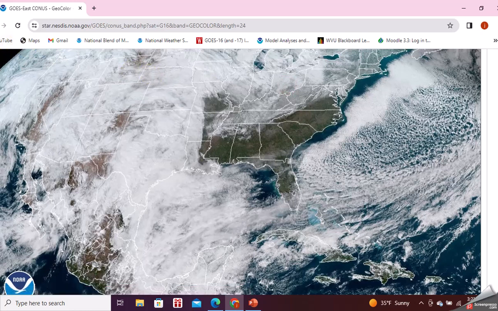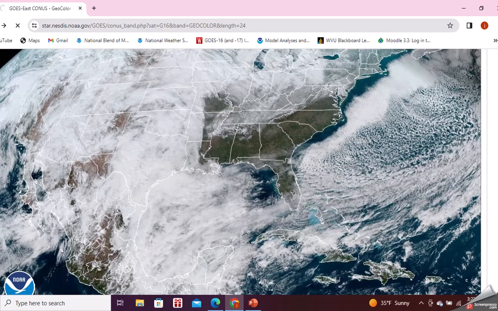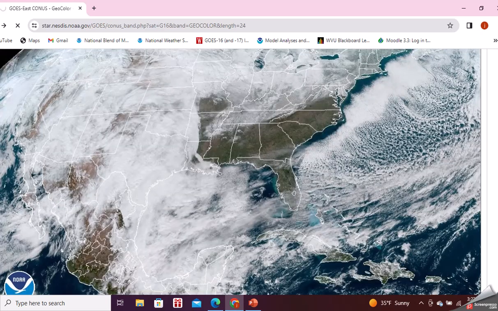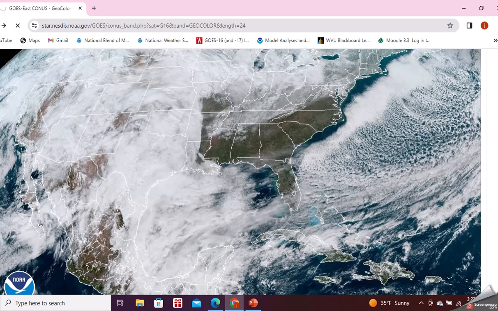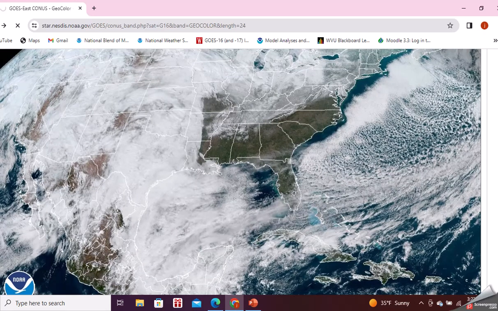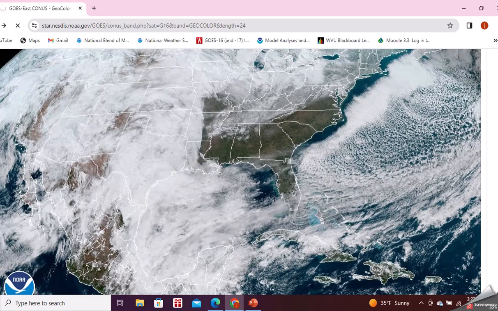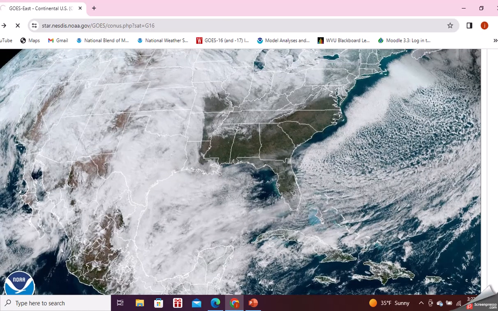So let's go back one and see if we can look, for example, at some other parts of the ones I wanted to take a quick peek at. Well, this is now moving. You can see the loop of the satellite.